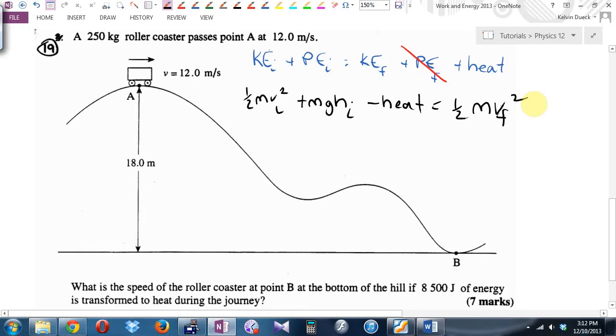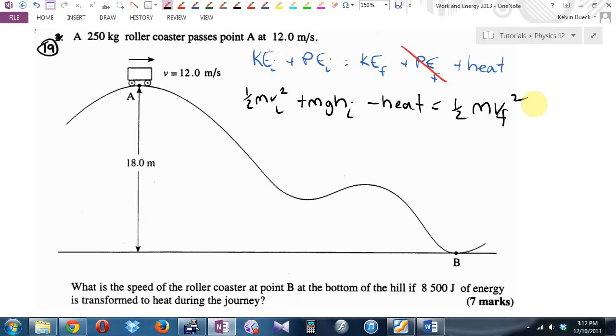Did I do too much, Peter, or was that okay? I did 2 steps at once. I substituted the actual formulas in, and I got kinetic energy final by itself because they want me to find V final. Is that okay, Neve? How would I get V final by itself? Bree, I think you're right. Divide by 0.5, divide by an m.